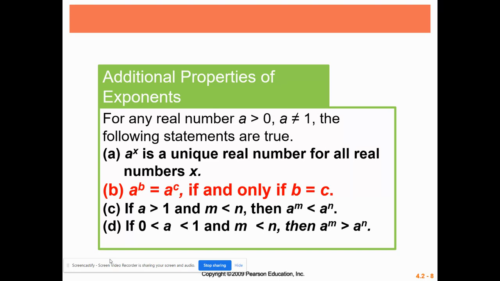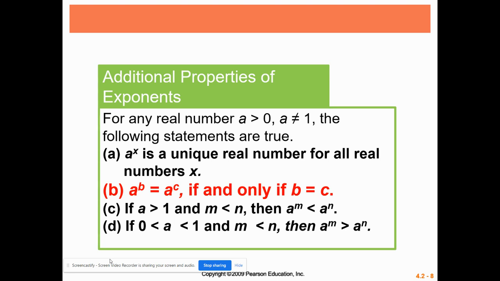And here are these properties written out generically. It's really important that our base be greater than 0. So a has to be greater than 0, and a cannot equal 1. The reason that a can't equal 1 is because if it does, then we don't get property a. A to the x power would not be unique if a was 1.